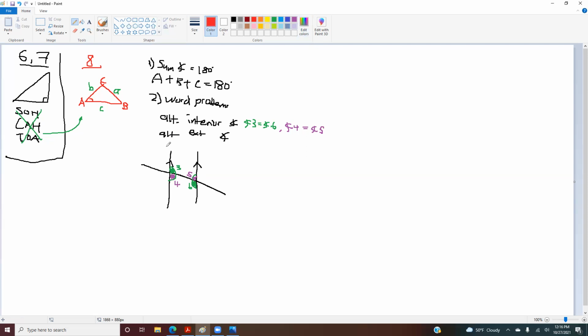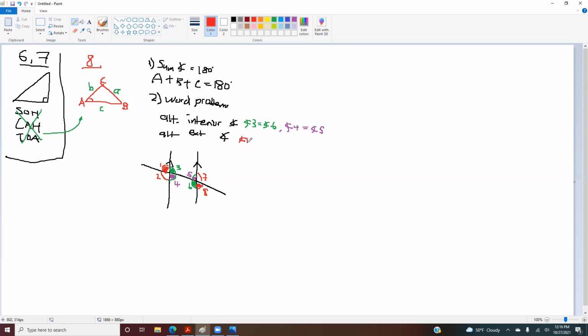For alternate exterior angles, we talk about the exterior angles, meaning angles 1, 2, 7, 8. These are the 4 angles that are exterior, meaning outside. And alternate means that number 1 and number 8 are the same.